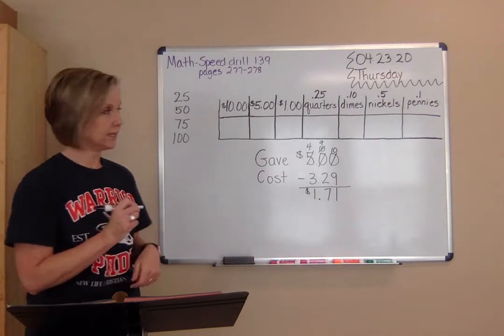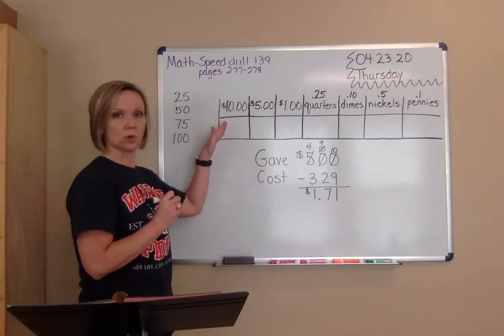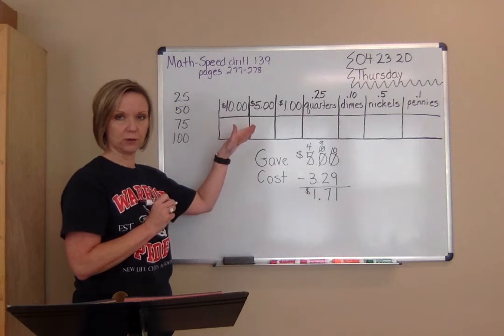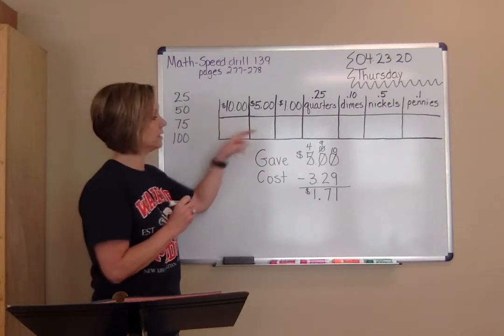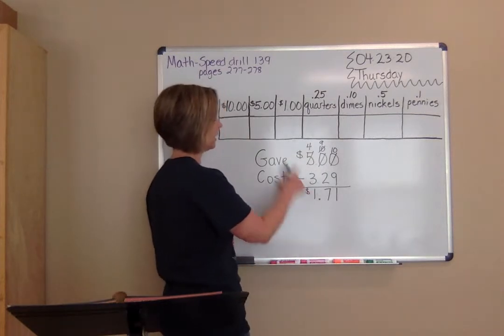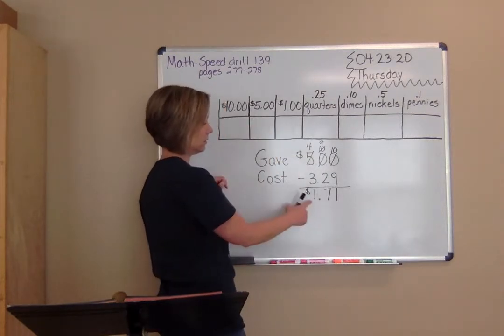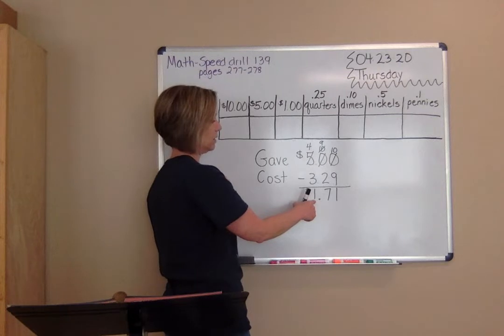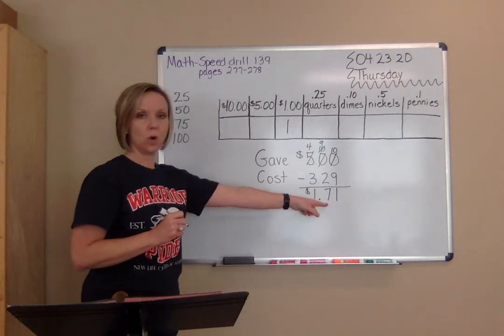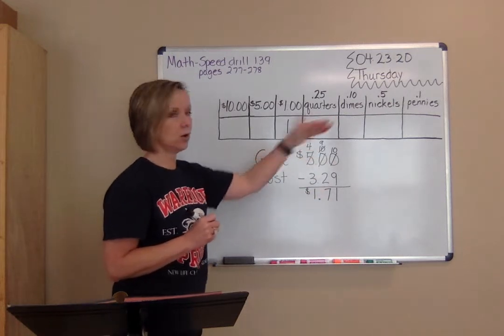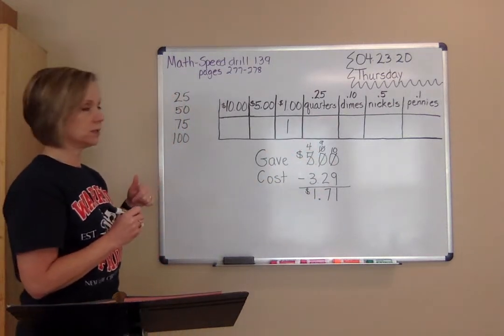Now, if you look at your example, obviously I don't want to give you a $10 bill or $5 bill. That's way too much. I'm going to lose my company if I continue to do that. So I want to start with my paper money, which will be this side of the decimal, $1 bill. But now I owe you coins back. So now let's make our coins. 71 cents.